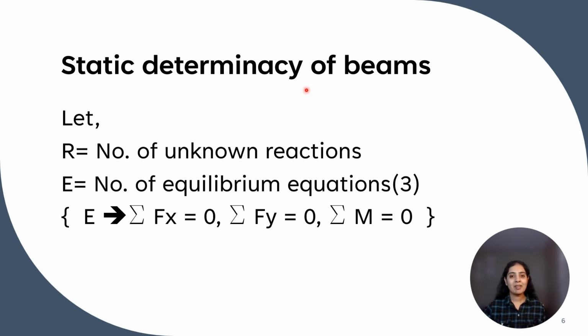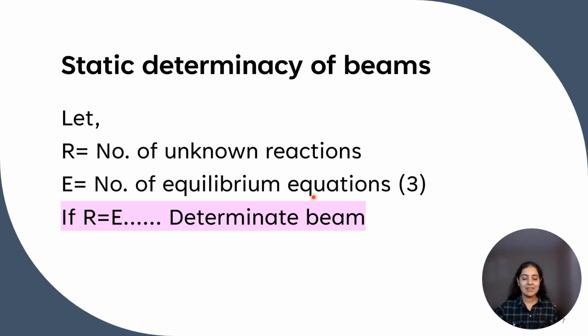Static determinacy of beams. Let R be the number of unknown reactions and E be the number of equilibrium equations, that is 3: summation of Fx equals 0, summation of Fy equals 0, and summation of moment equals 0.